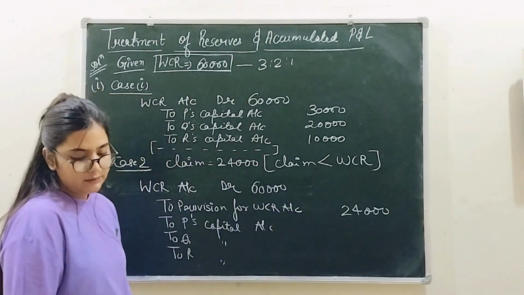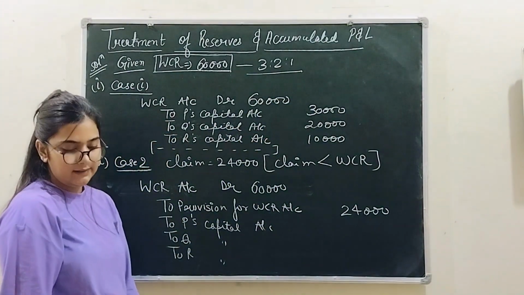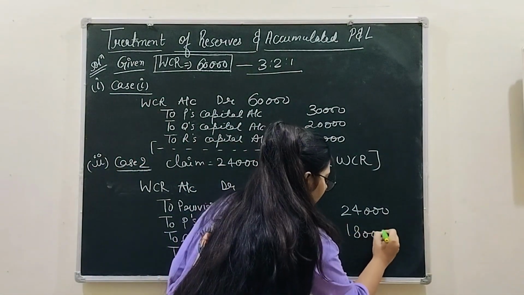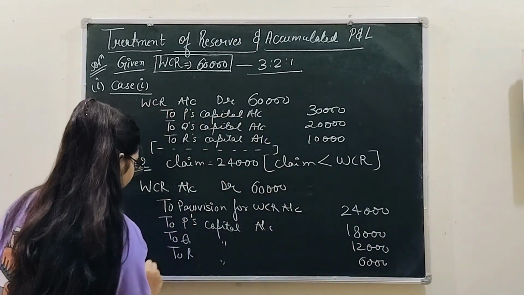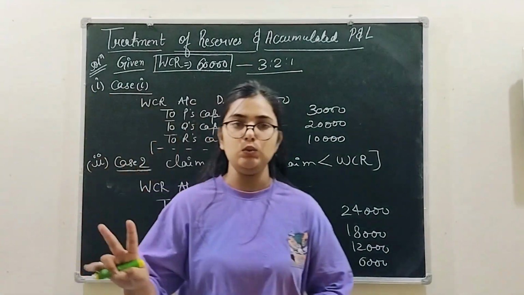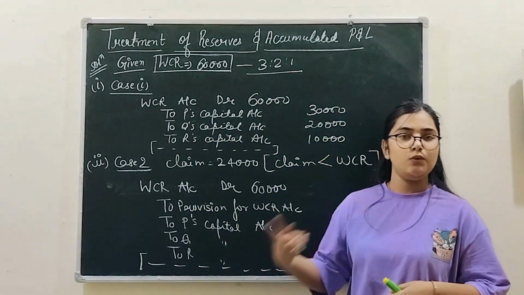You will now distribute that among the remaining partners in what ratio? 3:2:1. Right? So this gives you 18,000, 12,000 and 6,000. This is what you are going to do in case 2 when your claim is less than your WCR.